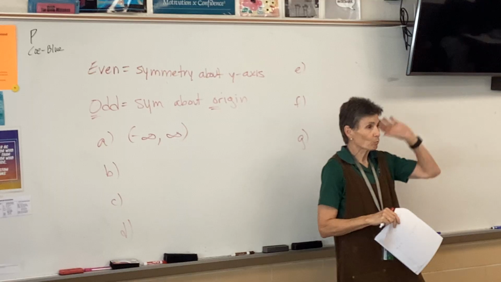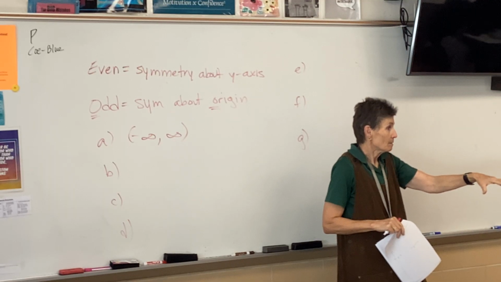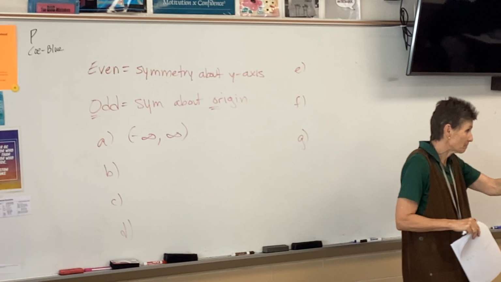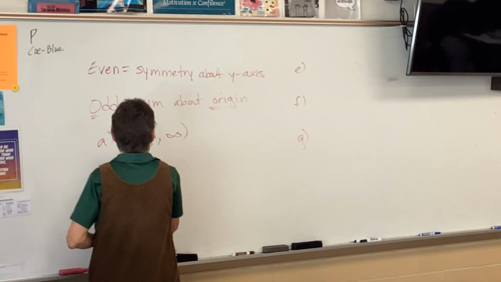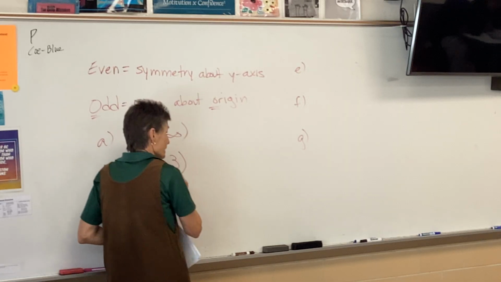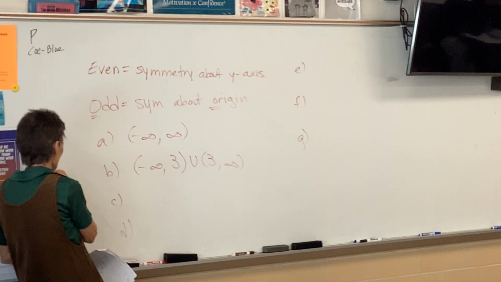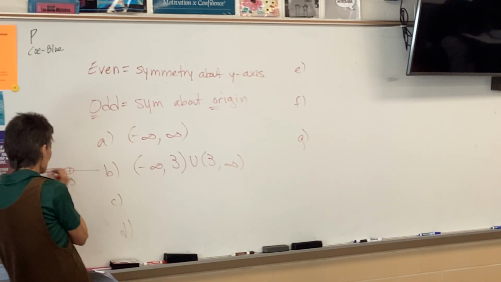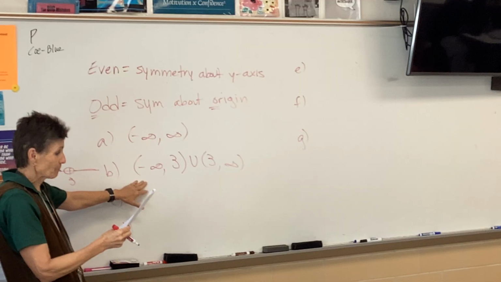So one of your red flag areas is if you've got a denominator, because whatever is down there can't be 0. So for B, your domain is everything up to 3, and then everything from 3 on. So in terms of the number line, it's just everything but 3, right? So that's your domain for B.